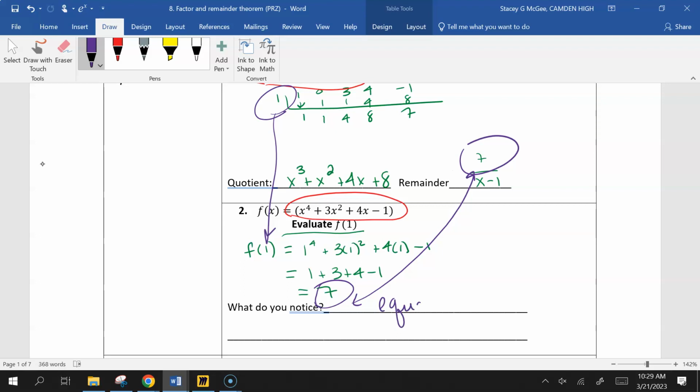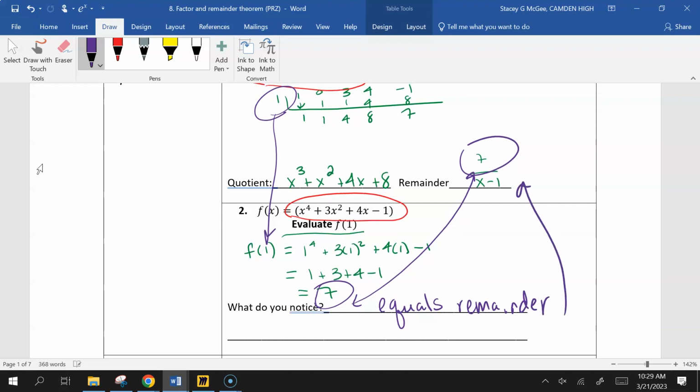So this equals the remainder here. This is what we call the remainder theorem, okay?